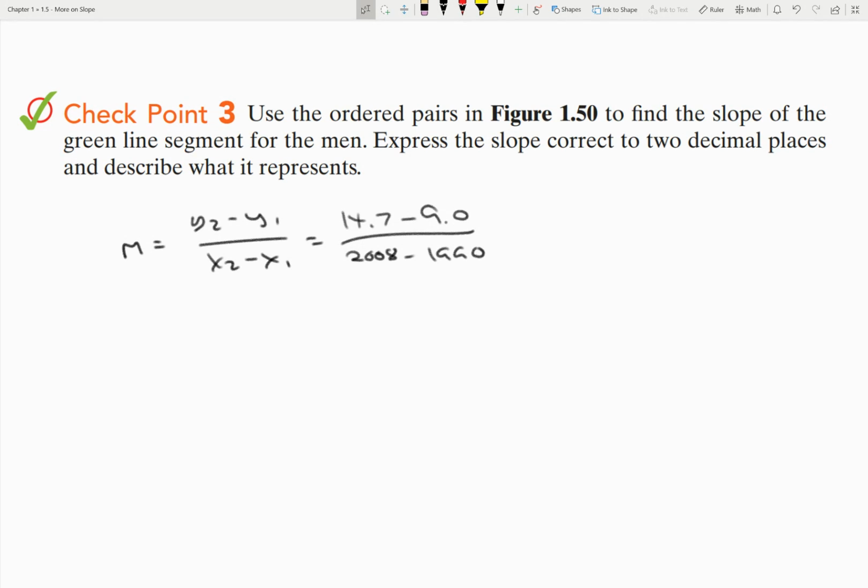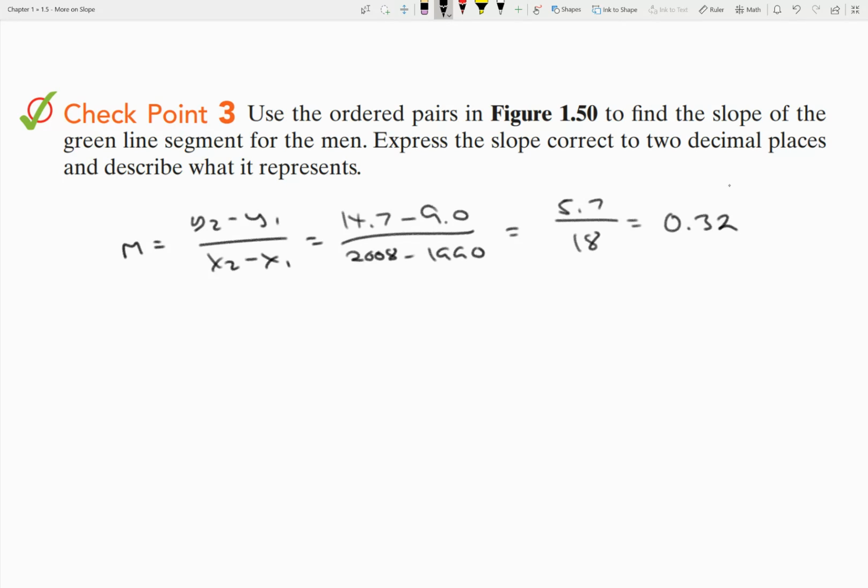Okay, so let's calculate this slope. 14.7 minus 9 is 5.7 over, and that's still 18 years. So divide by 18, and we get 0.316 repeating, about 0.32.